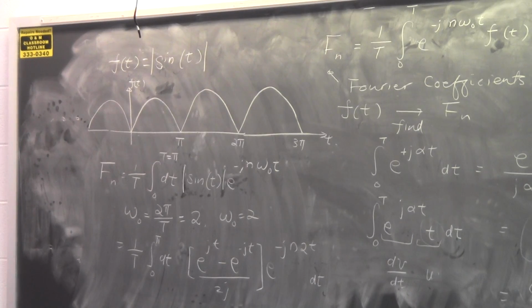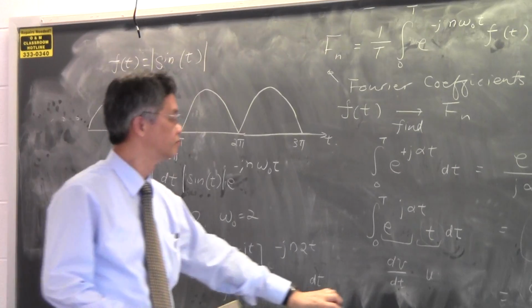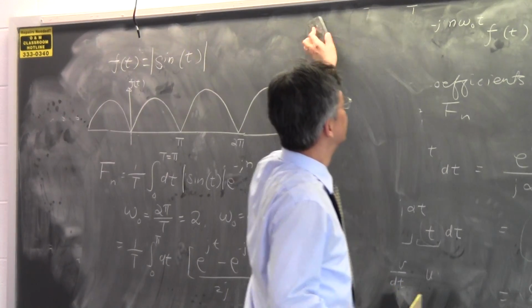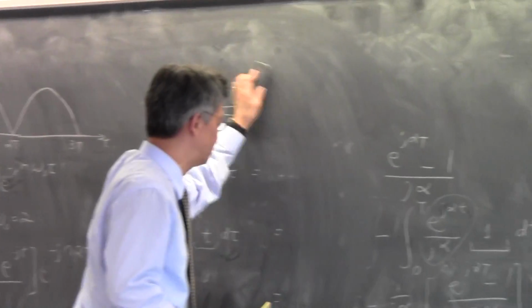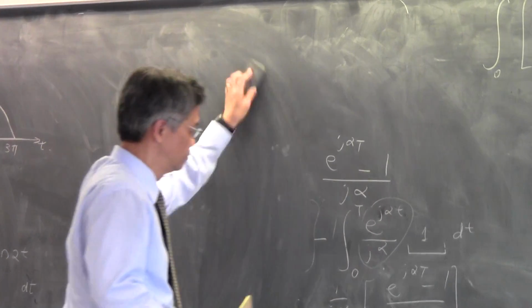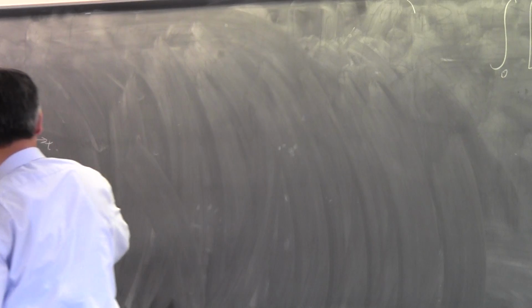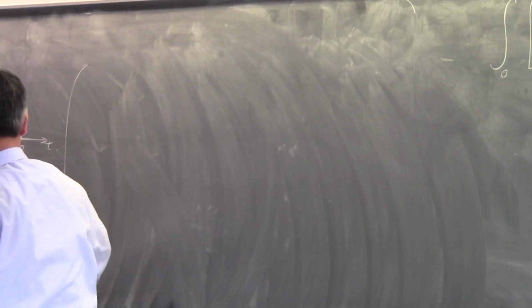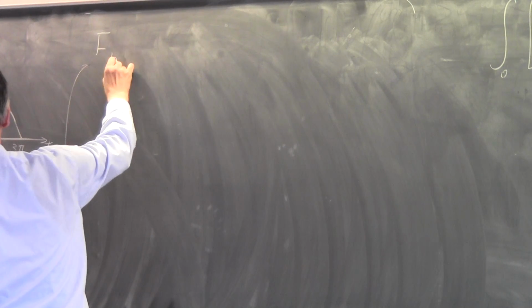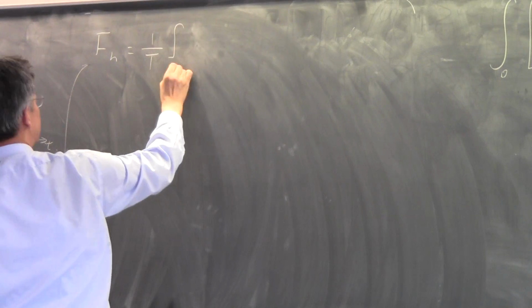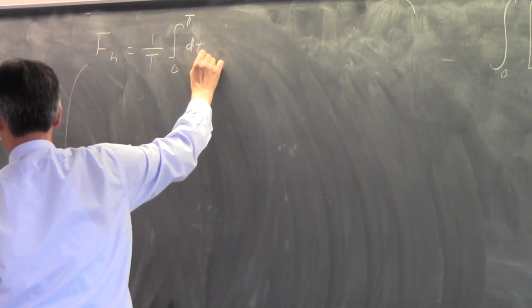And I can do that term by term. That's a good question because some of you may not understand why. So I can actually multiply things up. There's a 2 dt here. F sub n is equal to 1 over T, integral from 0 to pi dt.